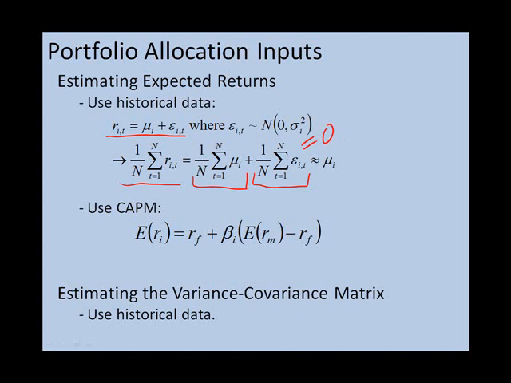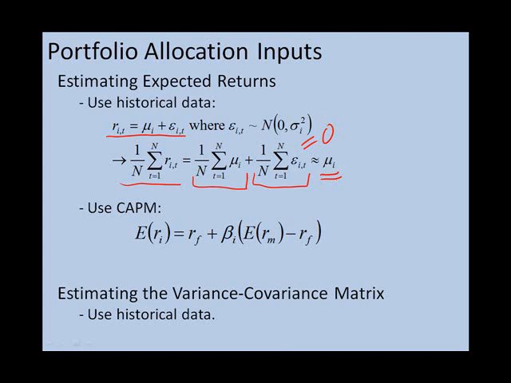What are we left with then? We're left with an estimate of expected returns. That's the argument for using historical data. We could also use the capital asset pricing model. We know there that the expected return on a stock is equal to the risk-free rate plus beta for that stock times the expected market risk premium.